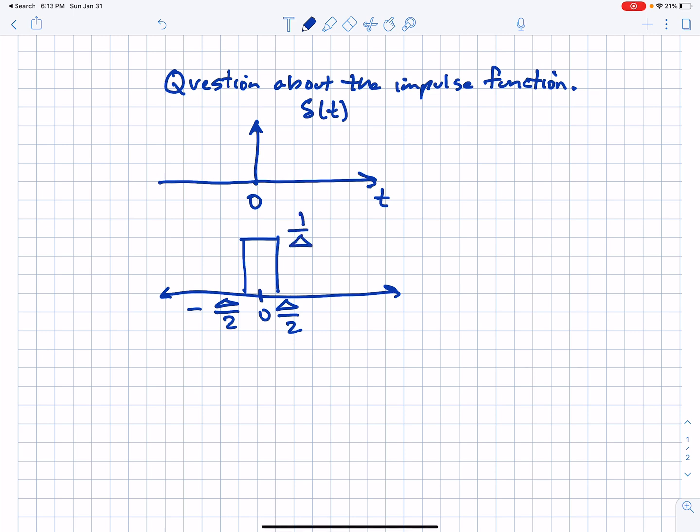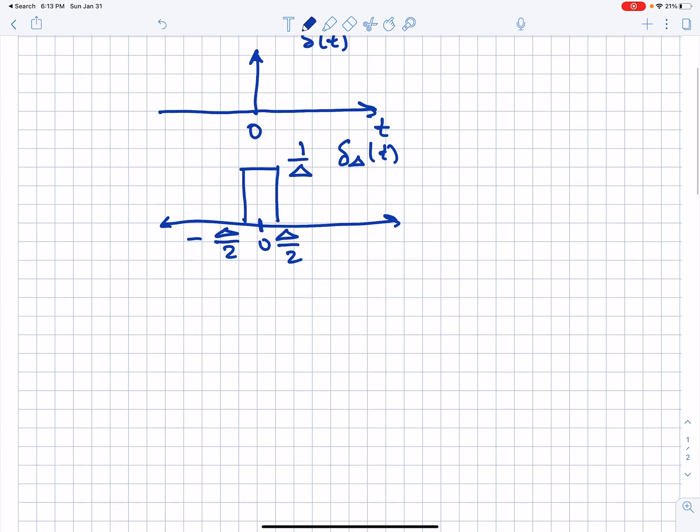Okay, so if I did this, and I called this function delta of t, and I integrated delta of tau d tau from minus infinity to infinity, well, this thing is 0 from minus infinity to minus delta over 2, then it's 1 over delta, and then it's back to 0.